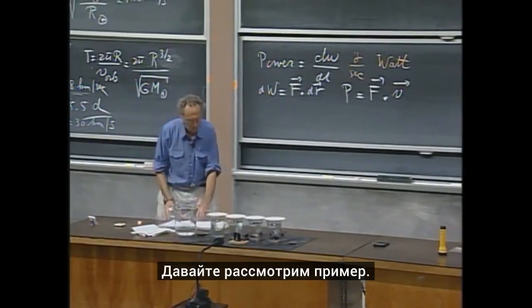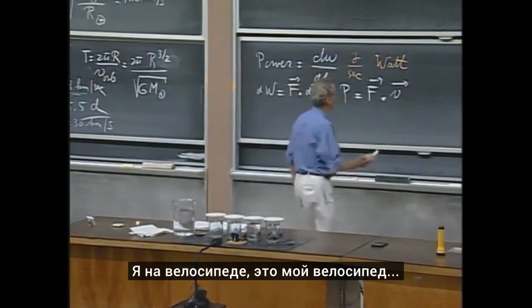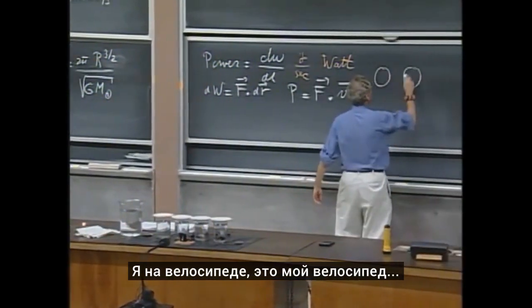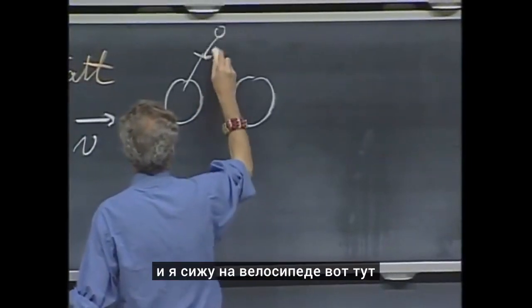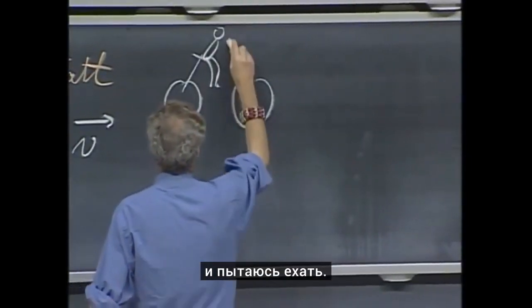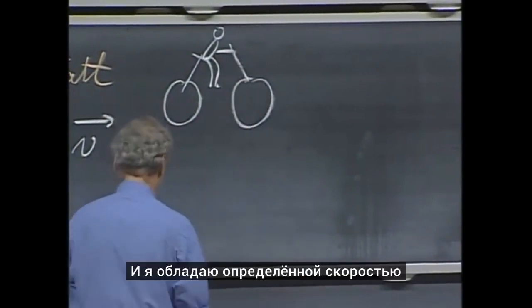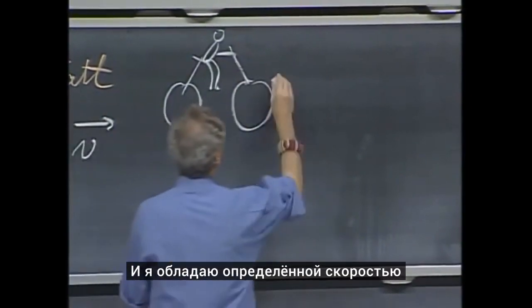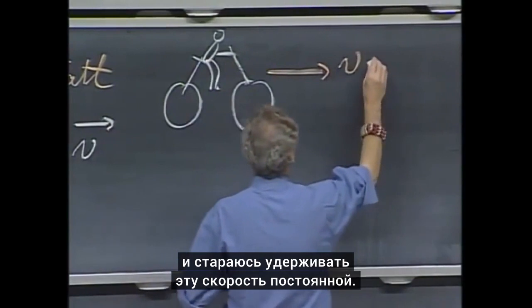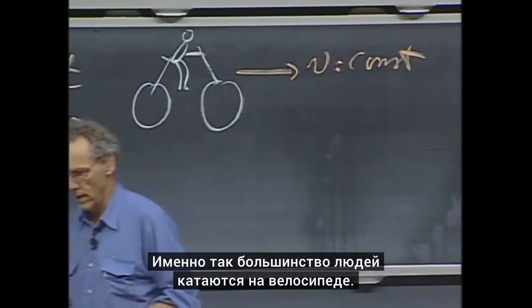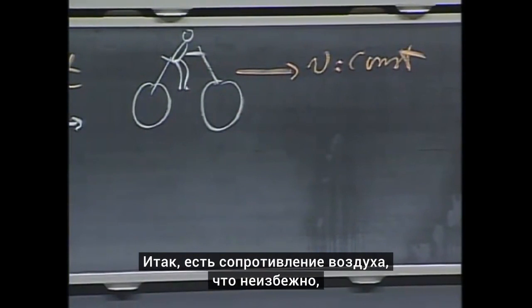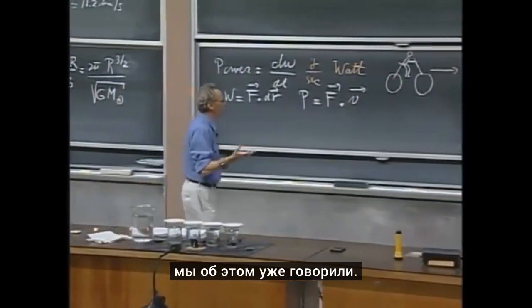Let's take an example. I am on a bicycle. Here's my bicycle, and I'm sitting on a bicycle here, and I'm trying to get going. And I have a certain velocity, and I keep that velocity constant. That's the way most people would ride their bikes. Now, there is air drag, which is unavoidable. We discussed that.